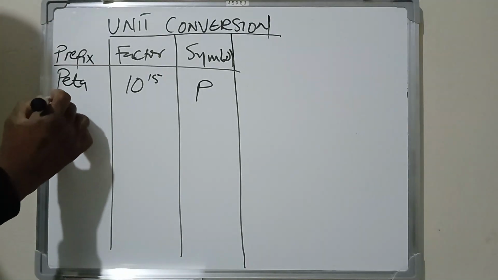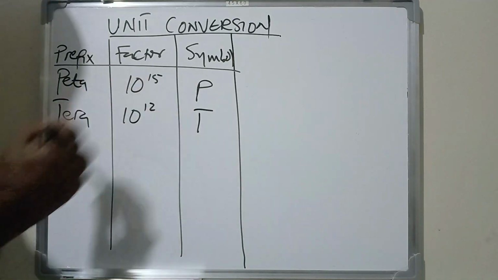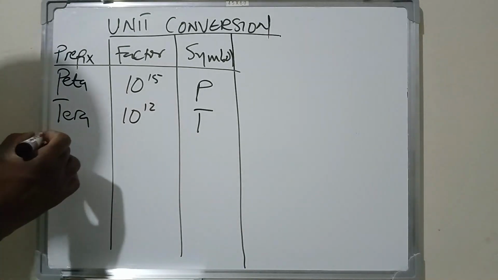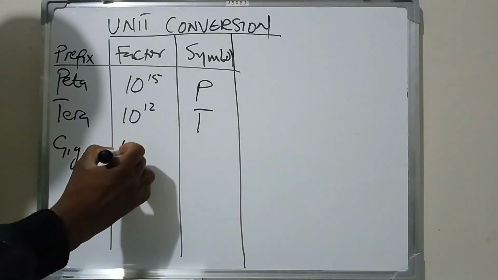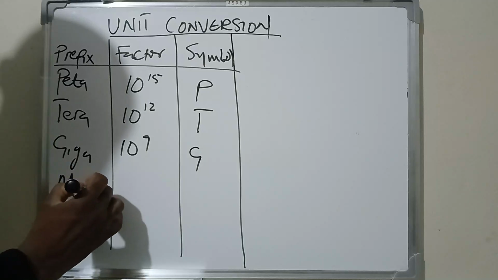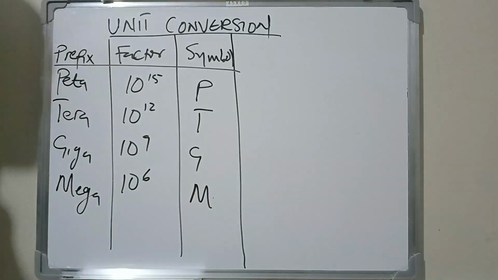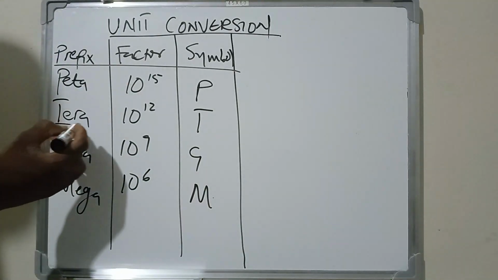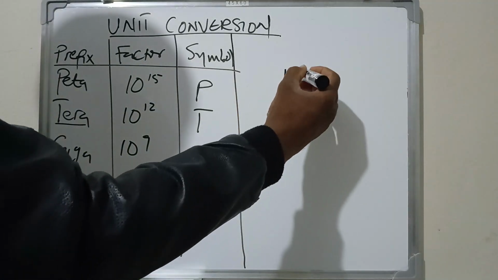Then tera is times 10 to the power 12, and it's written as T. Let me also go to giga. Giga is times 10 to the power 9, G. Mega is times 10 to the power 6, and the capital M. For example, tera: you buy your hard drive and they will say it is 1 terabyte.